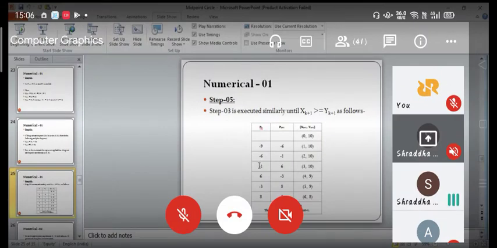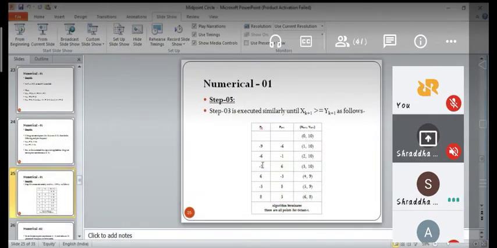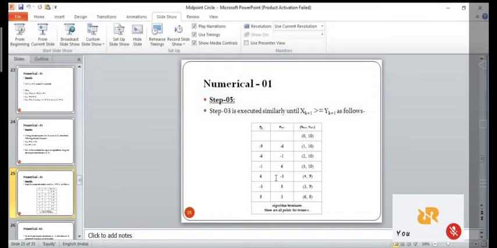Now, again for this step, when you compute the decision parameter, you have obtained the value as 6. So this 6 is positive. When we obtain a positive decision parameter, in that case what you do?